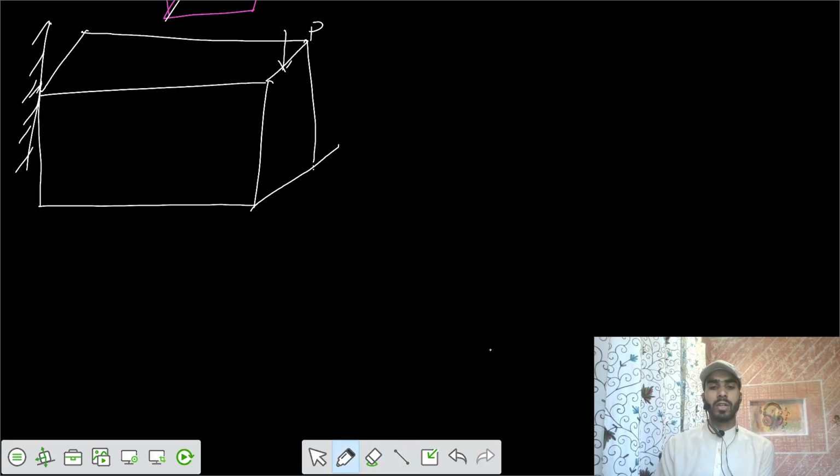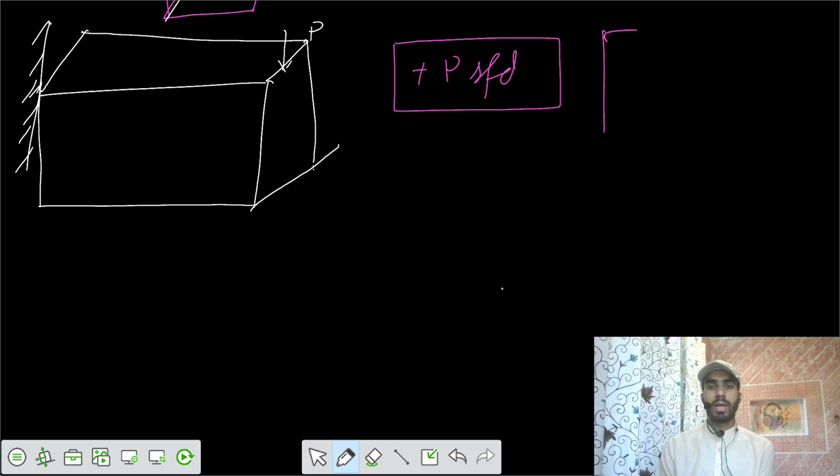If you draw the shear force diagram, it is a positive P, and the bending moment diagram is a linear variation, from PL to minus PL.